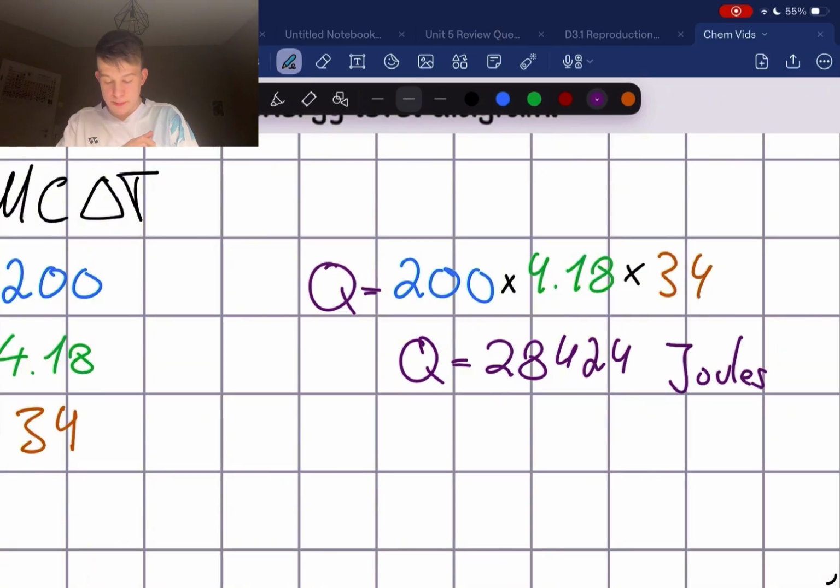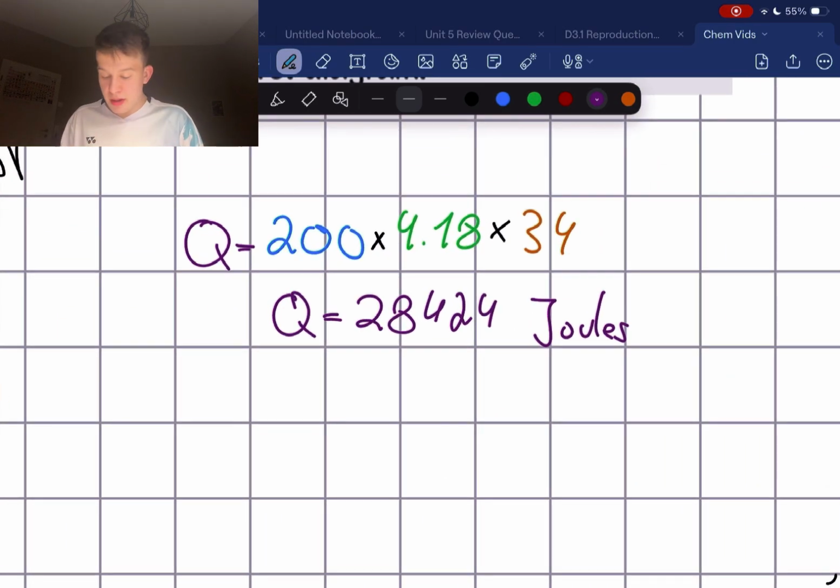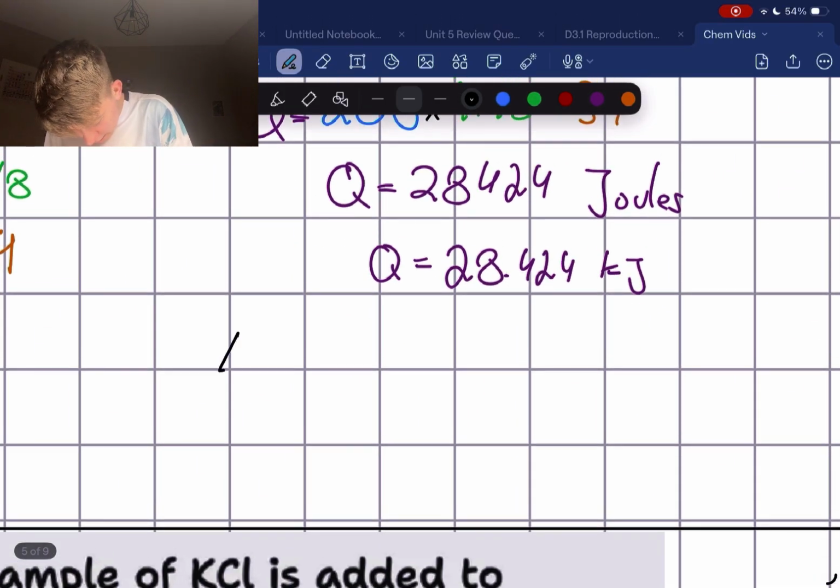This is joules. If you want to turn it into kilojoules, we divide by 1,000. So Q equals 28.424 kilojoules. But to find delta H, we do delta H equals negative Q over N.